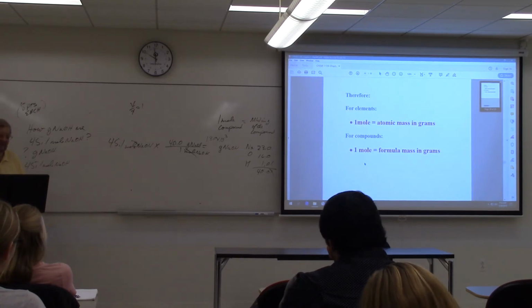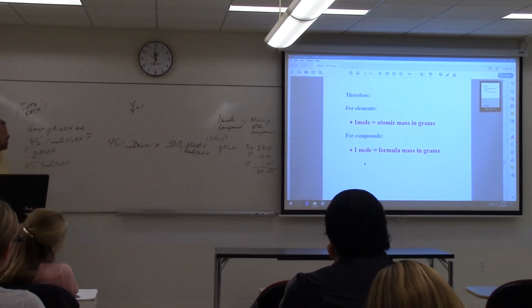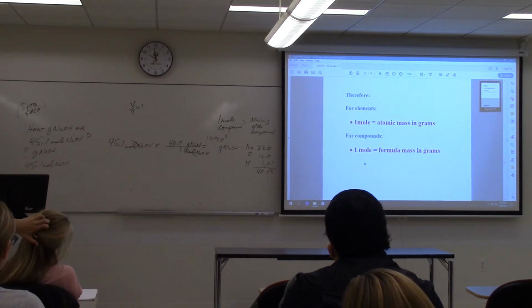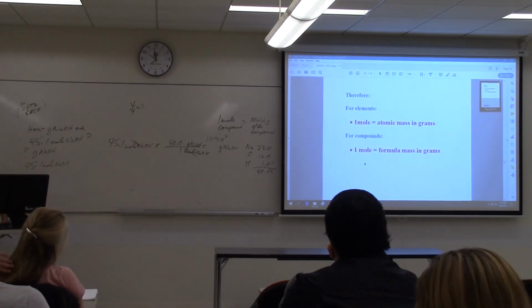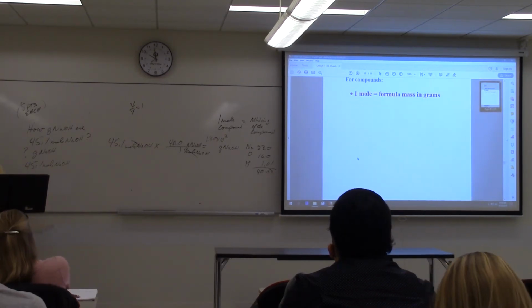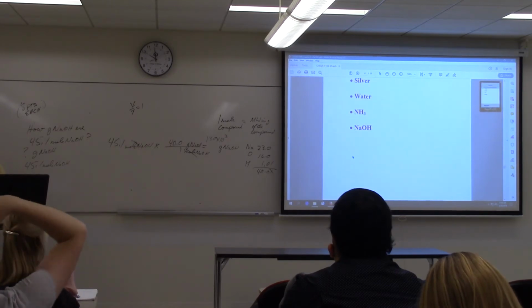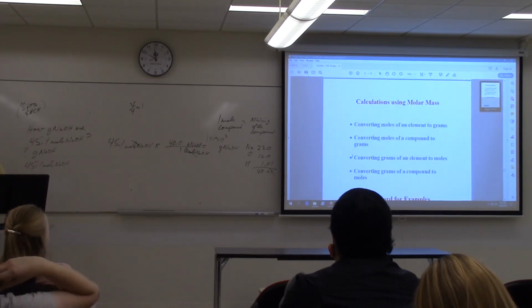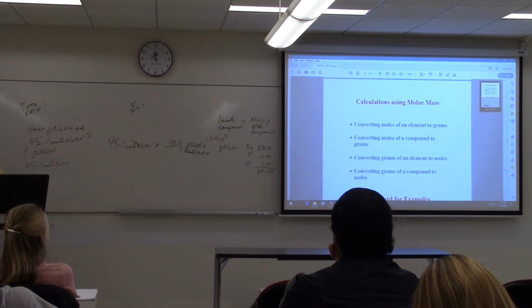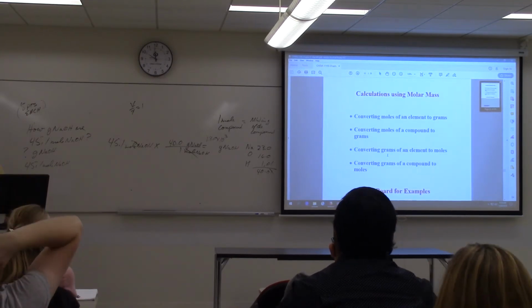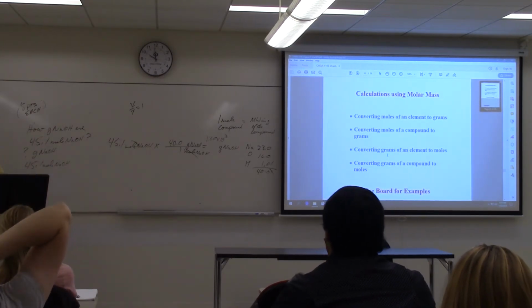For a compound, 1 mole of a compound equals its molecular weight in grams. And we'll be doing this in the practice problems, but essentially I've covered all of these, or most of these. See board for examples. I did that. So now I can move on.